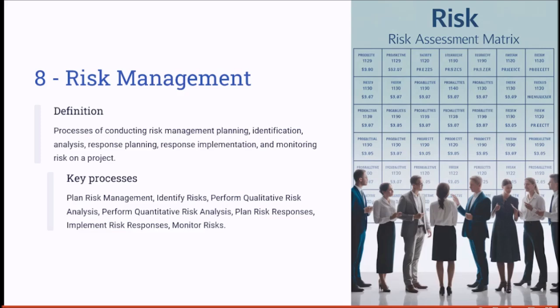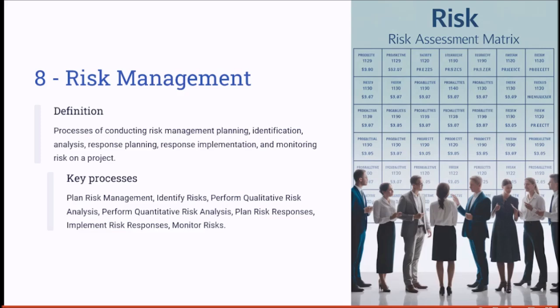The next key process is perform qualitative risk analysis, when you prioritize individual project risks for further analysis or action by assessing their probability of occurrence and impact on the overall project.